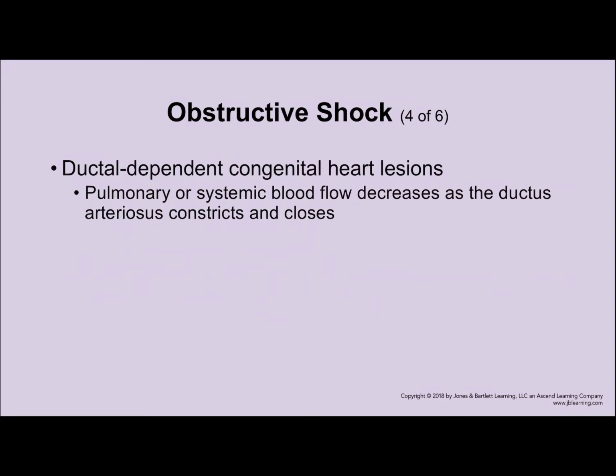When patients lose the benefit of this ductus arteriosus, they can have a sudden decrease in pulmonary or systemic blood flow. You often think about the patient with an aortic coarctation. They have a narrowing of their aorta, which is the main artery leaving the heart going to the body. And the only way that blood bypasses this coarctation is through the ductus arteriosus.